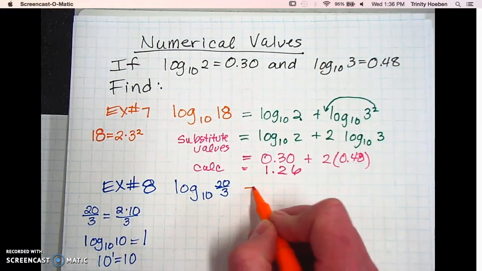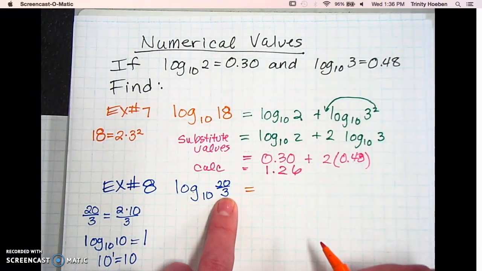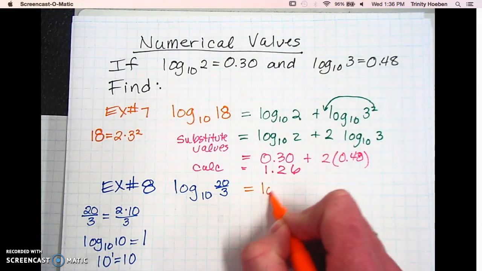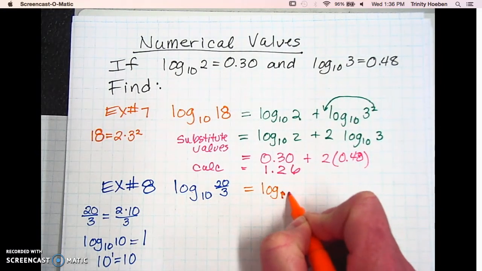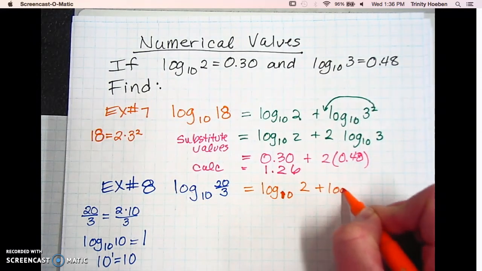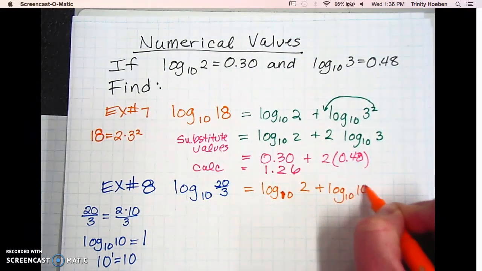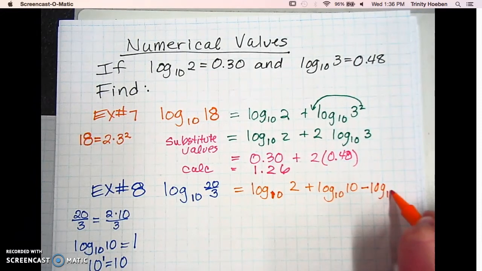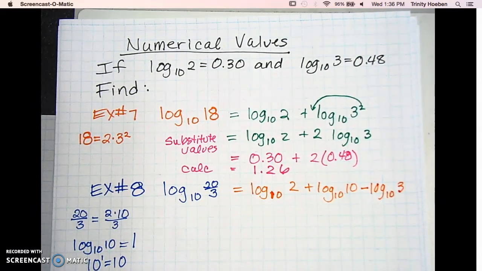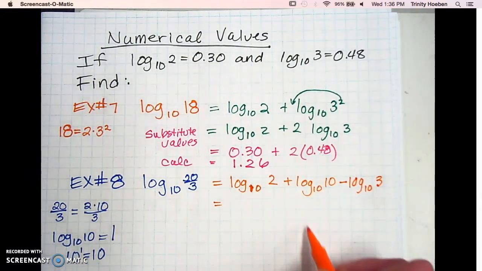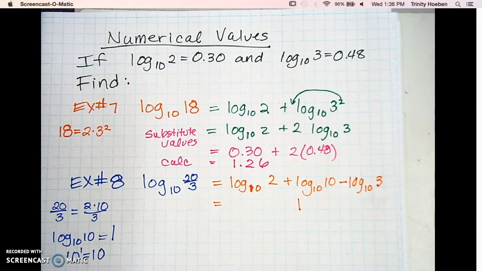Okay? So we're going to take this log base 10 of 20 over 3 and expand it, right? So it's going to be log base 10 of 2 plus log base 10 of 10 minus log base 10 of 3.